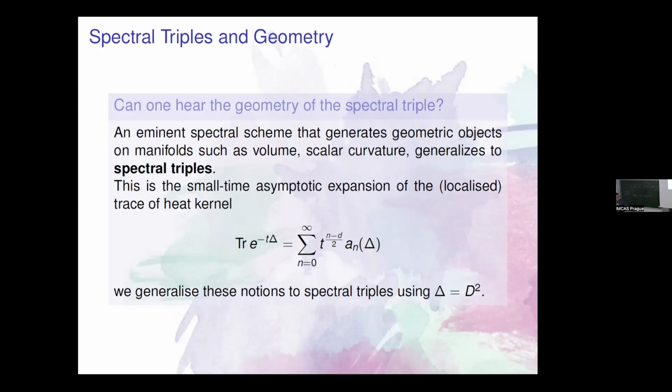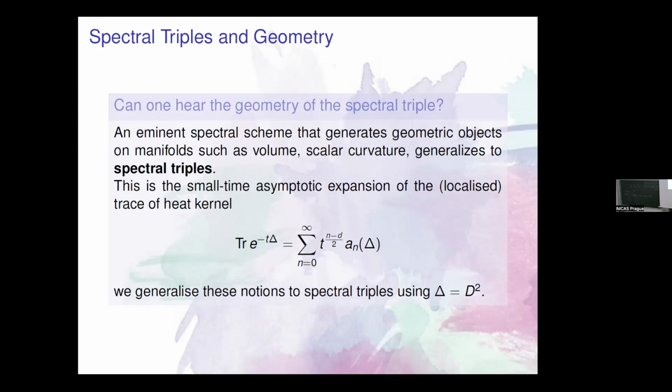So you can make an expansion in the powers of t, actually half powers of t. The first part will be t to the minus d over 2. And there will be numerical coefficients, because this is a number, which depend on the geometry of the manifold.